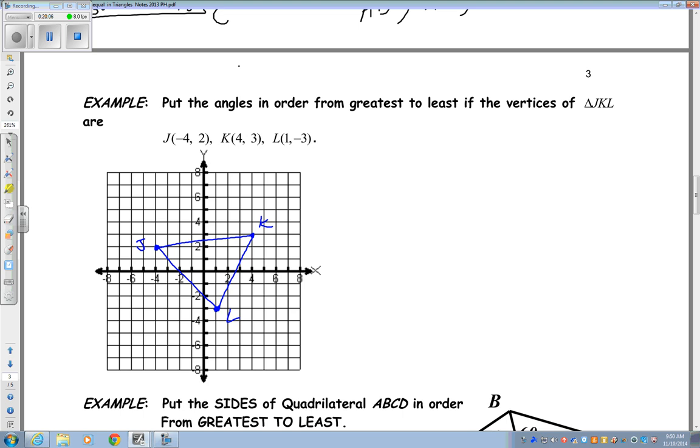We need to know the distance between each segment or each point. So you need distance, or you can use the slope with the Pythagorean theorem.